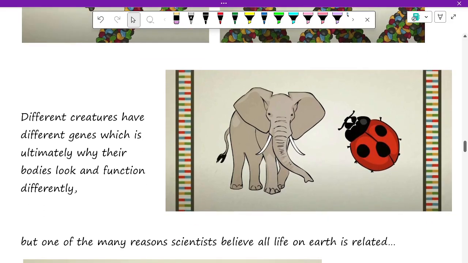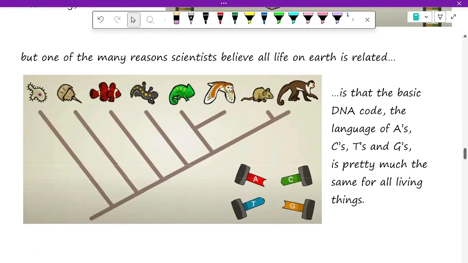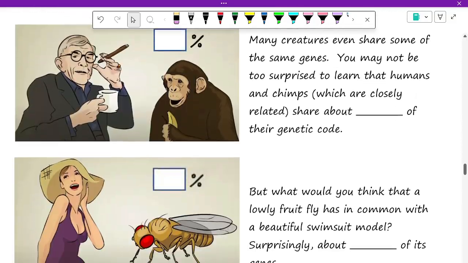Different creatures with different genes look and function differently. But one of many, many reasons scientists believe all life on Earth is related is that the basic language of A's, C's, T's, and G's is pretty much the same for all living things.